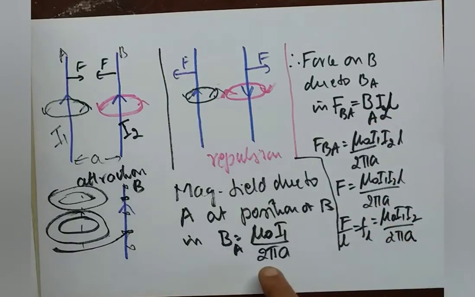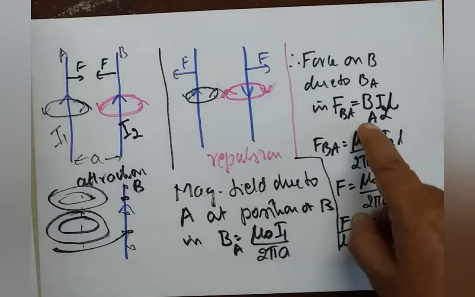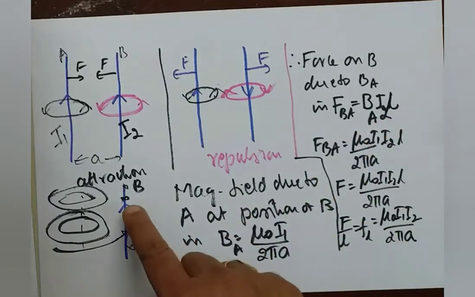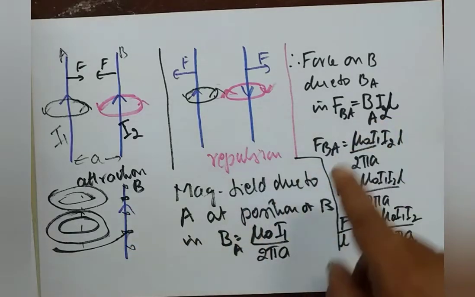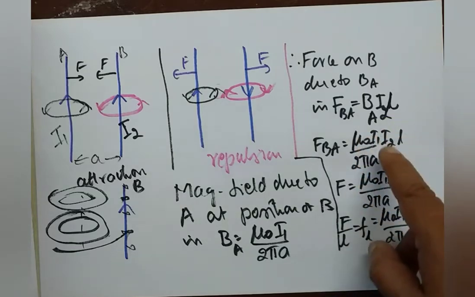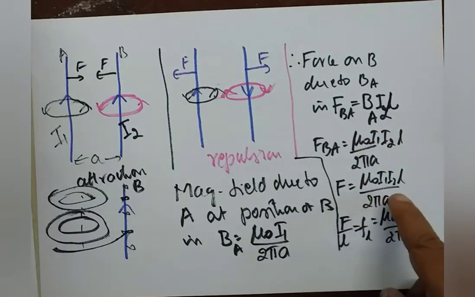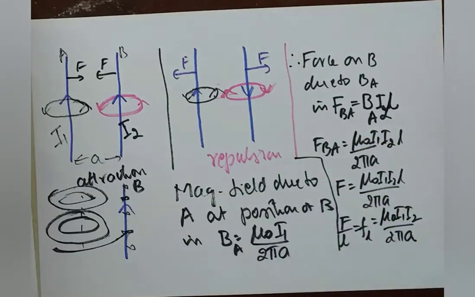Here B is due to A, so B_A, and the current experiencing the force is in B, that is I2, with length L. Therefore, substituting for B_A, we get F equals mu naught I1 I2 L by 2 pi A. Very similarly, we can calculate the force on A due to B, and we can show the same thing, mu naught I1 I2 L by 2 pi A, taking A also of length L.